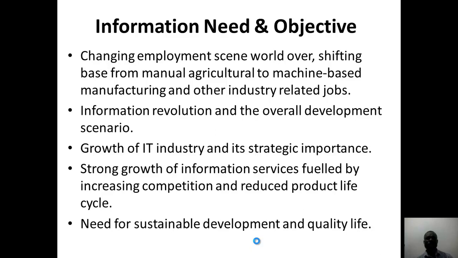So, the changing employment scene the world over, shifting from manual agriculture to machine-based manufacturing and other industry-related jobs, the information revolution and the overall development scenario. Currently, almost every sector of the economy depends on information. If you're a farmer, you can't be producing when you don't know where you're selling your things.